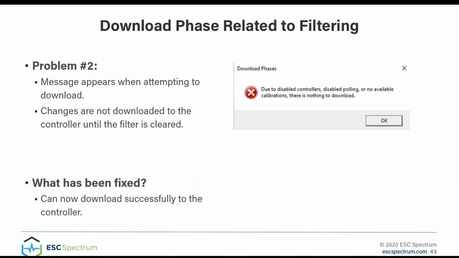We also had another problem where a message appeared when attempting to download, and changes were not downloaded to the controller until the filter was cleared. So in 6.13, we have fixed these issues, and now you can download successfully to the controller.